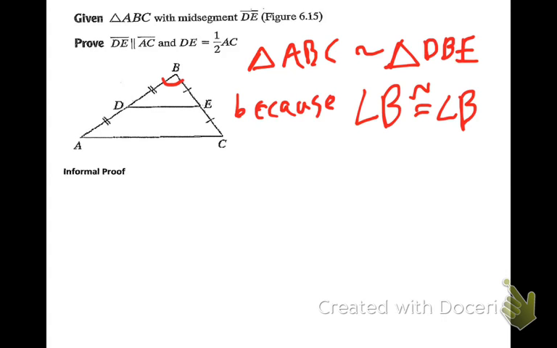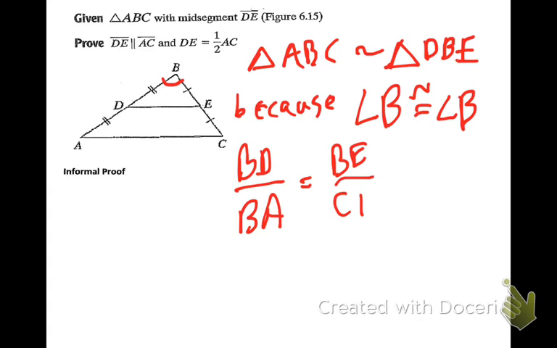Angle B is congruent to itself, and the corresponding sides that include the angle are proportional. BD is to BA, and BE is to BC, as 1 is to 2, because we know those are 1/2 because of the mid-segment. All right, so that's side-angle-side similarity.